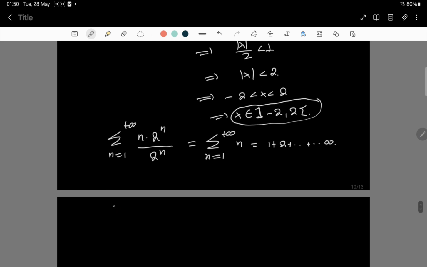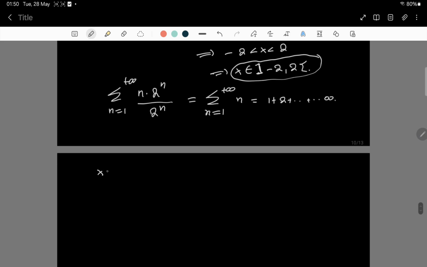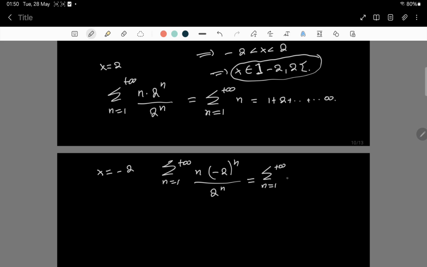That was for x equals 2. For x equals minus 2, I rewrite the infinite series with minus 2 to the power of n divided by 2 to the power of n. So this is n times minus 1 to the power of n times 2 to the power of n divided by 2 to the power of n.